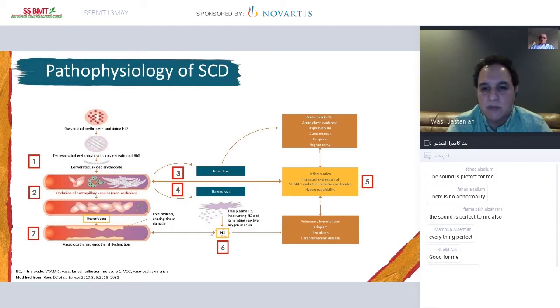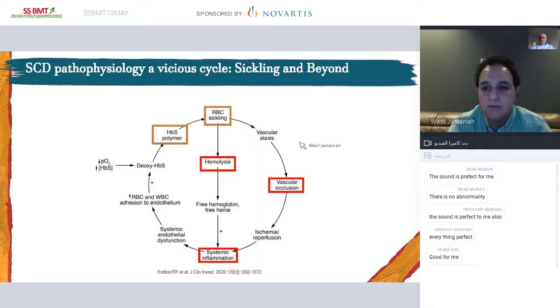The inflammation aggravates the vasoocclusion, which again sets this motion of a vicious cycle. And the hemolysis leads to the reduction of nitric oxide bioavailability. And cumulatively, the vasoocclusion, reperfusion, and the hemolysis leads to the end result of vasculopathy and endothelial dysfunction.